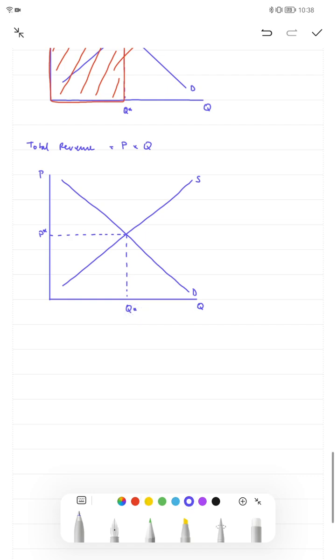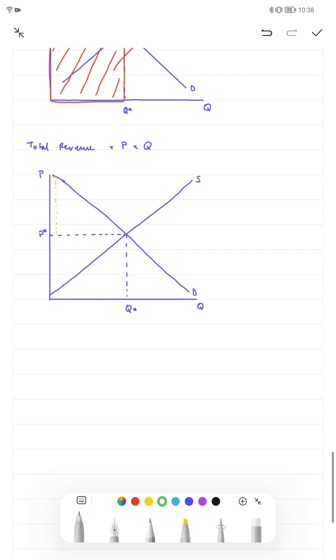Now, if we were to look at the demand and supply, a certain customer here is willing to pay a very high price, but he gets it for what he would see as a discounted price.